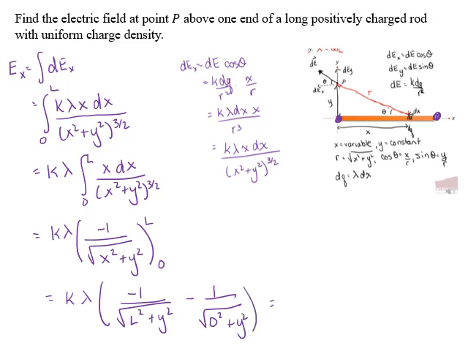And then we'll just write it nicely to finish. k times lambda times minus 1 over the square root of L squared plus y squared, minus, I dropped a minus sign. There, I'll just put it back. Minus times minus 1 gives us plus 1 over the square root of 0 plus y squared, which is the square root of y squared, which is just 1 over y. Okay, now we've got our x and y components. To finish, we make sure we're comfortable with our signs, and then we write as a vector.